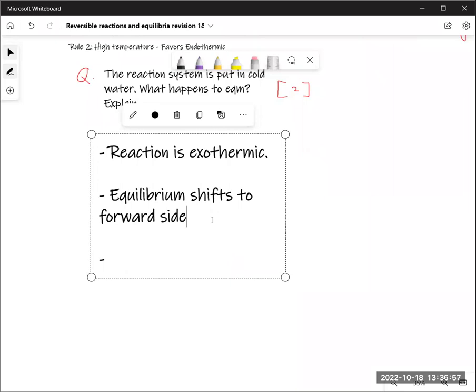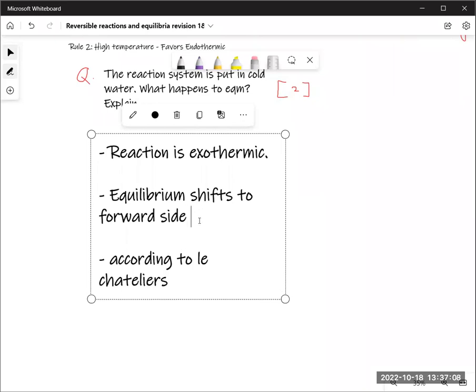According to Le Chatelier's principle, to favor yield of products.